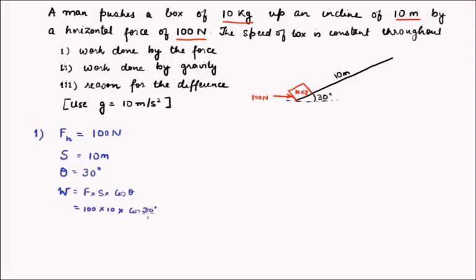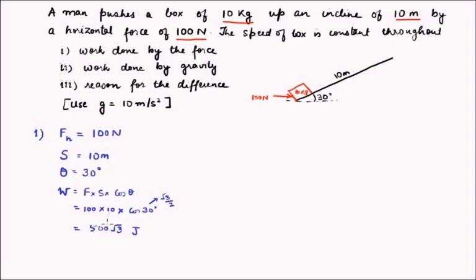Cos 30 is root 3 by 2. If we substitute it, we'll get 500 root 3 joule. Therefore, the work done by the force on the body is 500 root 3 joule. This is one way of doing the first part.